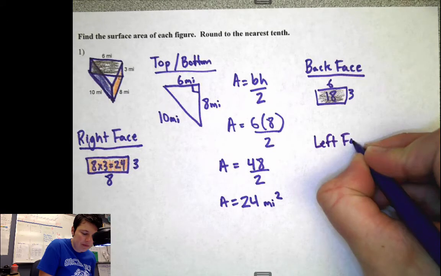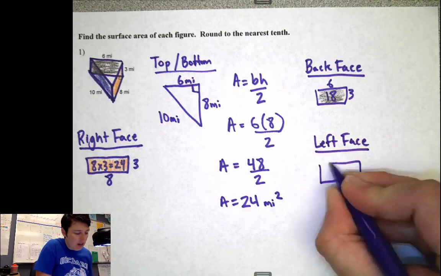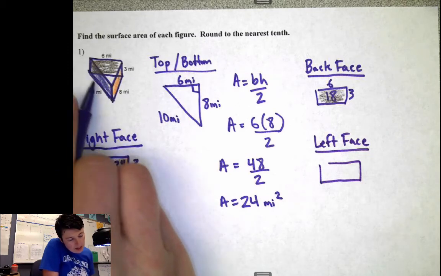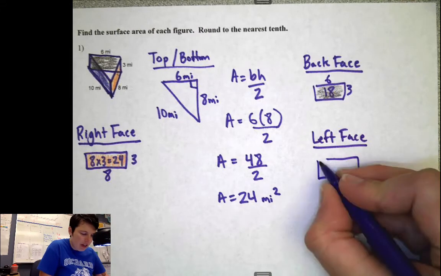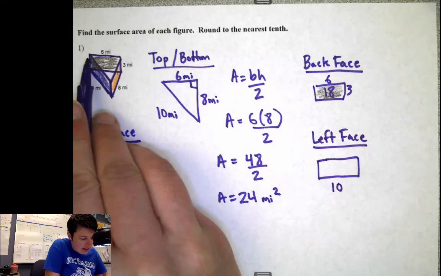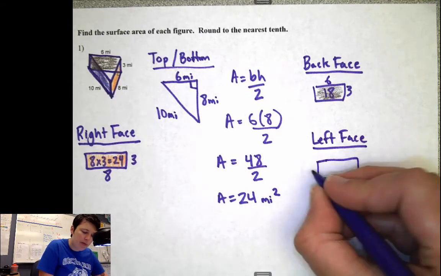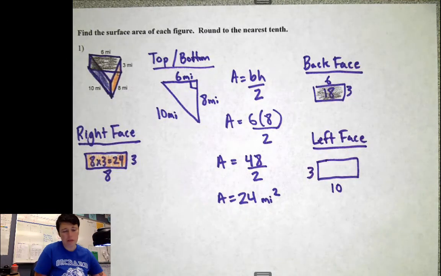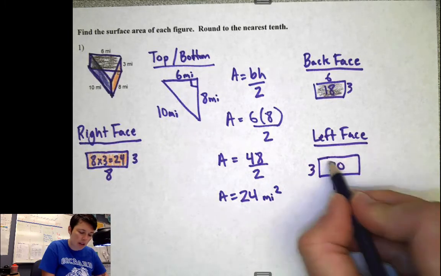Again, it's a rectangular shape, looks like this. Dimension-wise, it looks like it's 10 miles long. And if you look carefully at it, this has got to be the same as here, so it's got to be 3 miles tall. So it's a 10 by 3, which is an area of 30. And I'll shade this in to match the color.